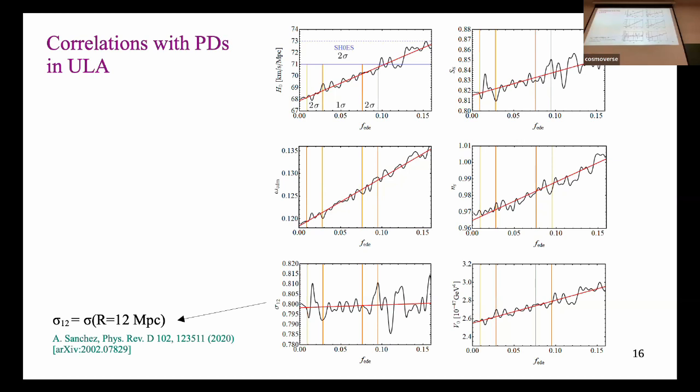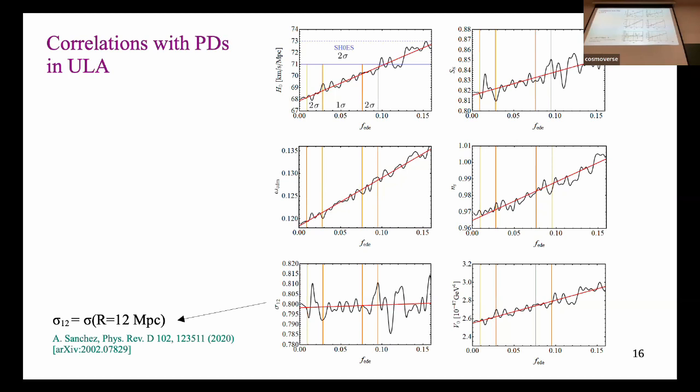The larger the EDE fraction, the larger is S8. Yes, the larger is f_EDE, the larger is h, the larger is omega_cdm. Why? Because you need to suppress the integrated Sachs-Wolfe effect. The same positive correlation is obtained for n_s, but there is also something important. There is a positive correlation between f_EDE and the cosmological constant. Okay, and this is important.